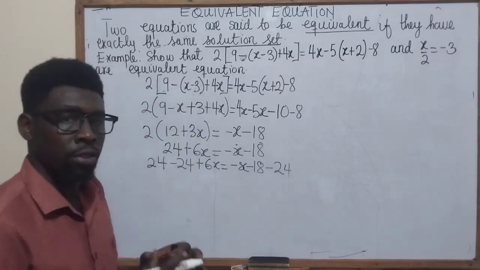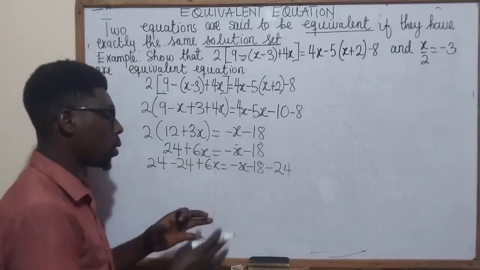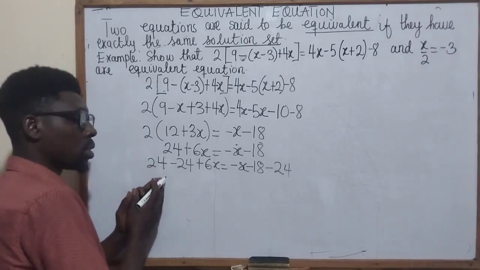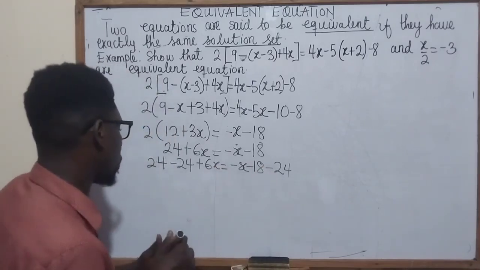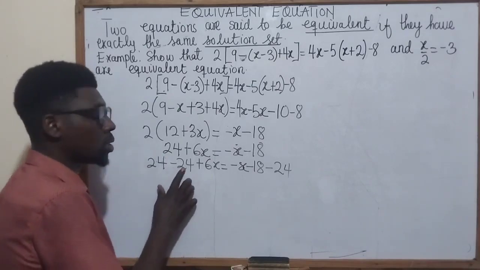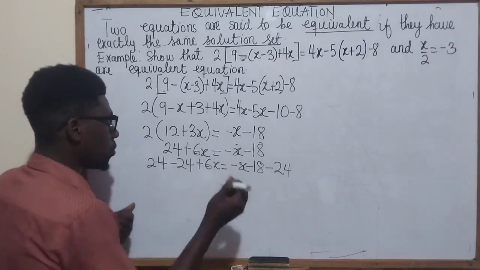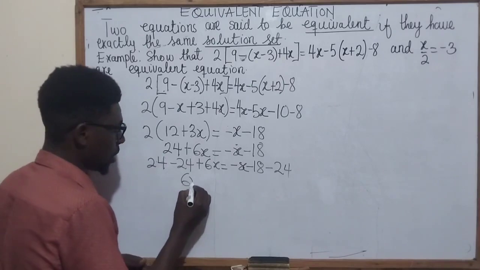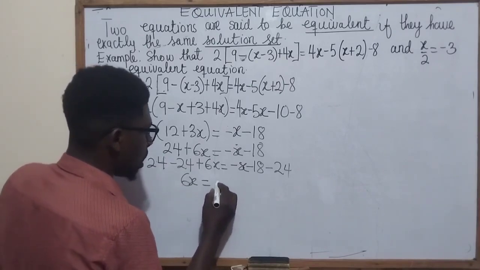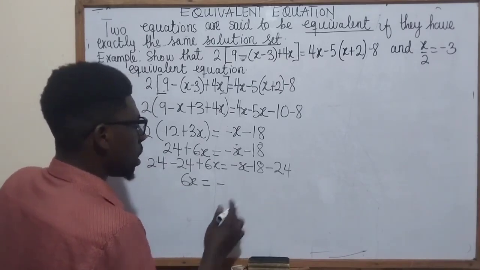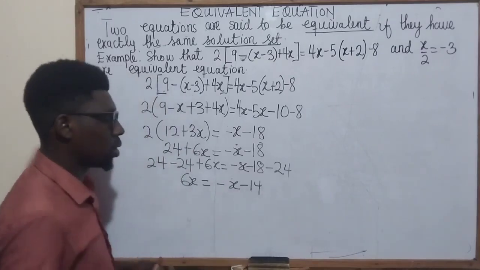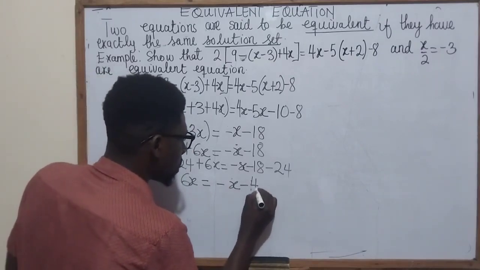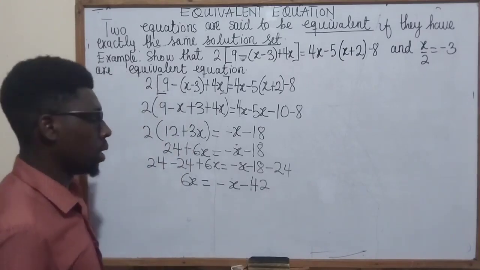If you have been following us for some time now, you understand why when we subtract 24 from the left hand side, we do the same to the right hand side. So 24 minus 24 is going to give me 0, so obviously I'm going to have 6x equals, this is going to give me negative 42. Then we move on.